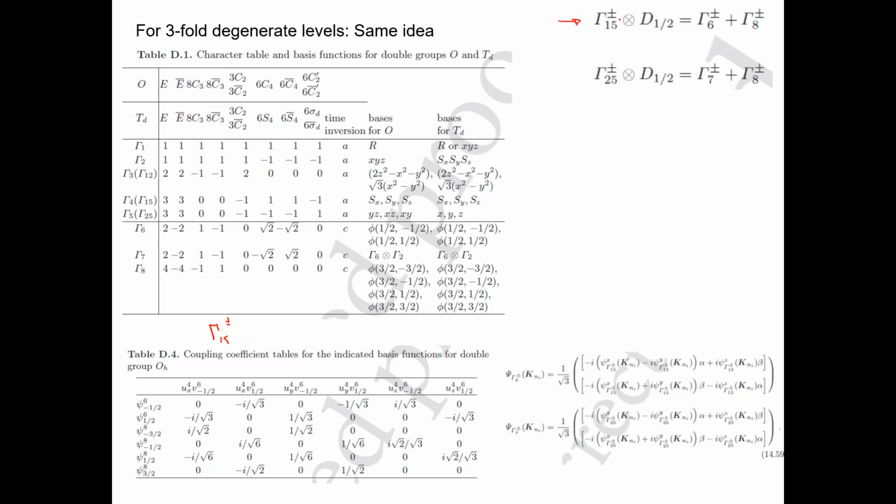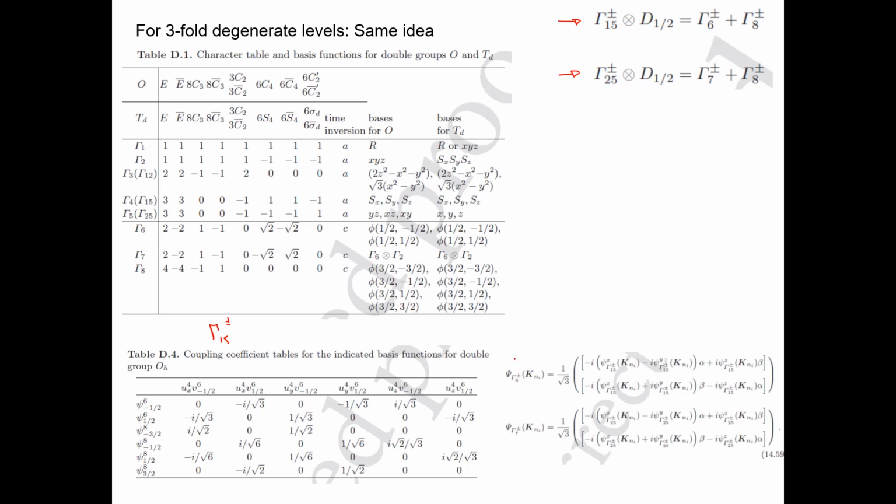If I have gamma 1,5 combined with the spinor representation, that splits into a gamma 6 and a gamma 8. If I have gamma 2,5, it splits into a gamma 7 and a gamma 8. And I can use the same idea. I can use these different tables and write these different combinations.